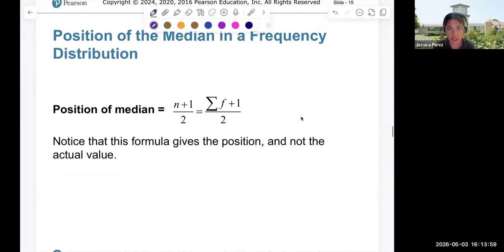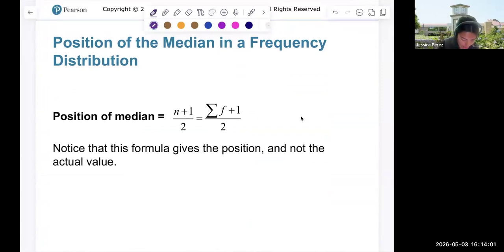Now, there's also a position for finding the median. If I want to find the actual position, it's always going to be n plus 1 over 2. That will tell us the exact position, but not the actual value. Note that.